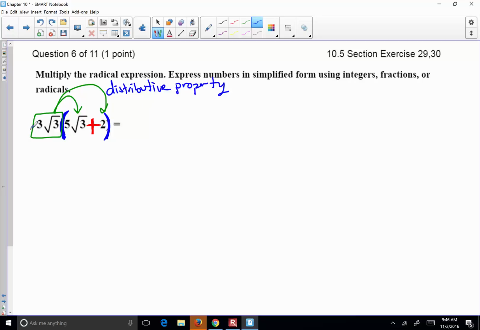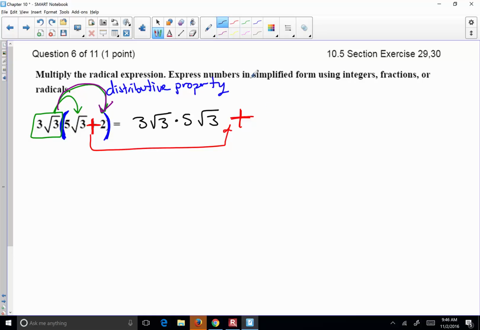So you need to first put this number outside in front next to each guy, distribute to each guy. So 3 root 3 and 5 root 3 comes together first, and then we put this plus in between and compute the second half.